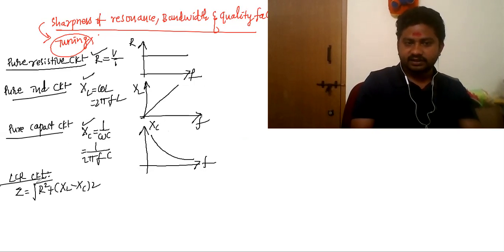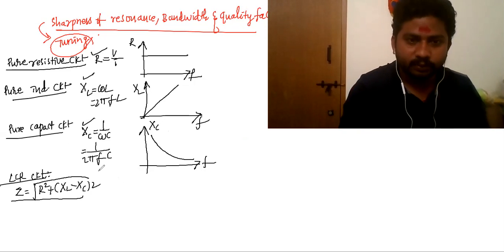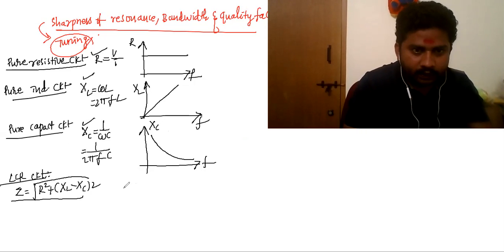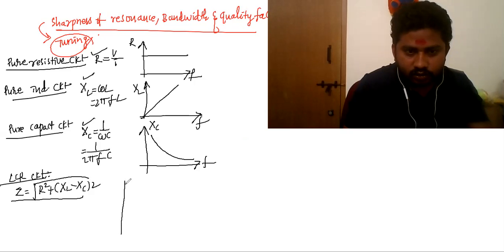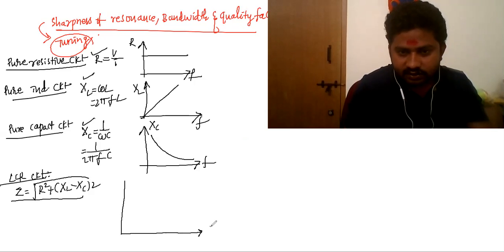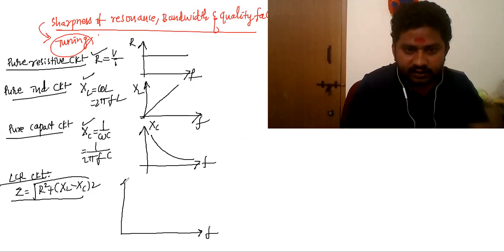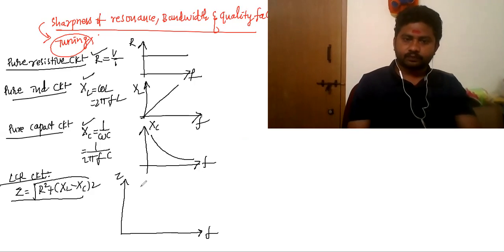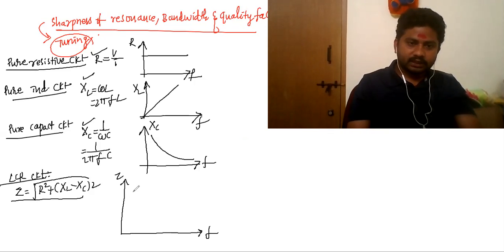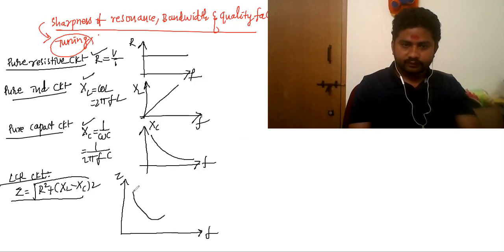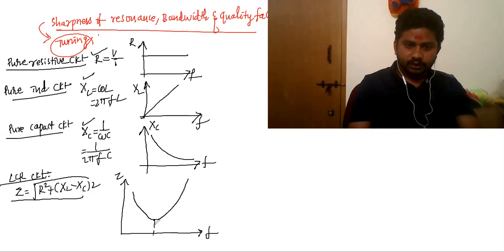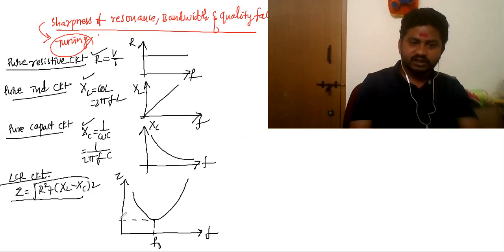So if I consider this as an inductive dominant circuit, carefully observe the situation: this is the frequency and this is your Z value. There is an experimental graph here. See, there is a point here where frequency is F0. F0 is the resonance frequency.